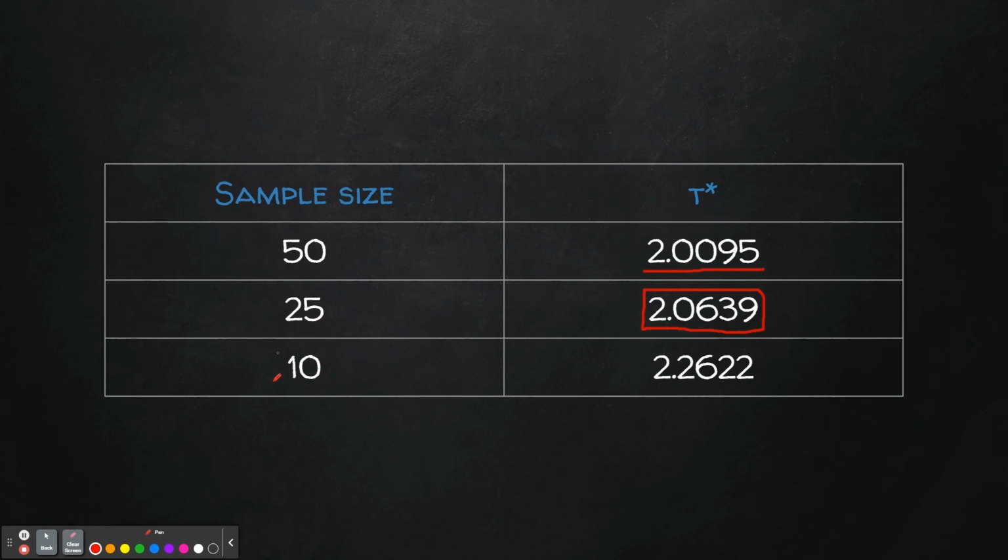If our sample size got even smaller to a sample size of 10, then our T star would be even wider because we have to be even more conservative. You can see it went up quite a bit there. Comparatively, if we increased our sample size quite a bit, our T star would approach 1.96. That was the same as our Z star for a 95% confidence interval.